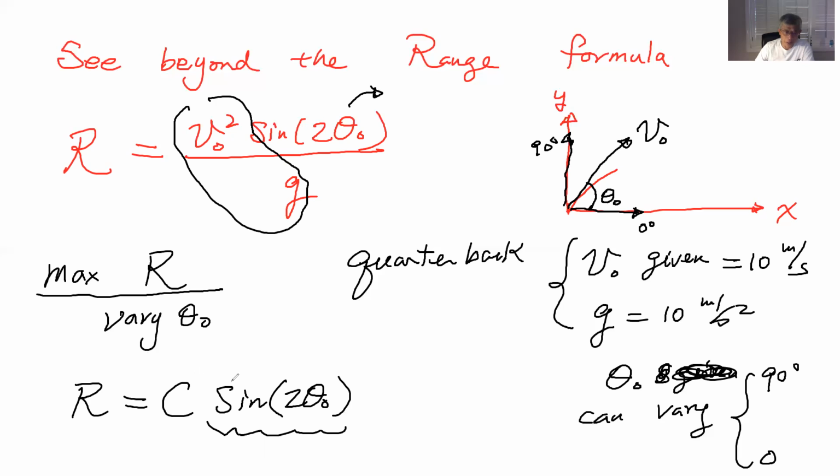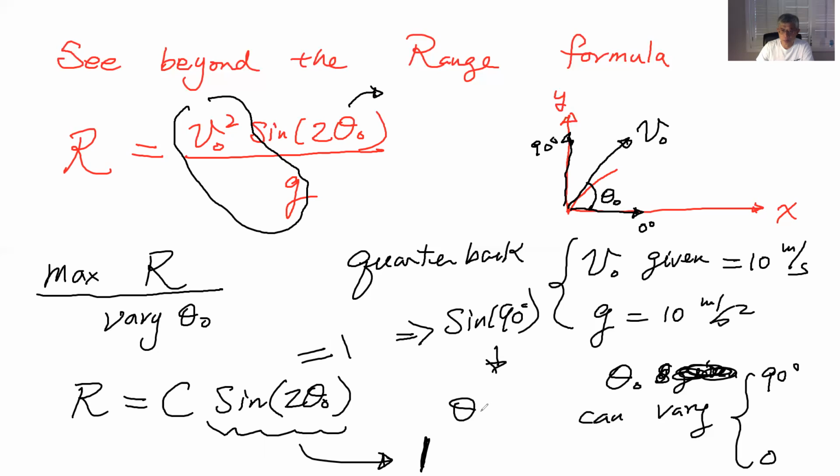Mathematically, the largest the sine function can get is 1. So you set this equal to 1, which means 2 theta 0 has to be 90 degrees, so theta 0 has got to be 45 degrees. That's our objective of the day.